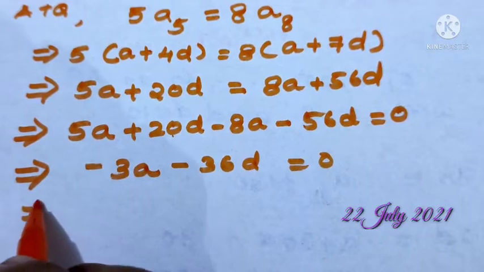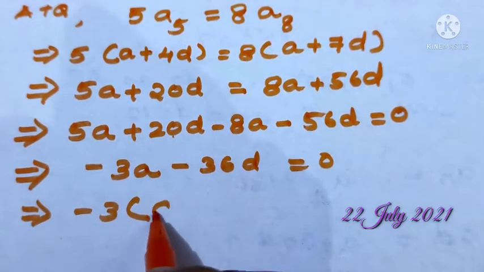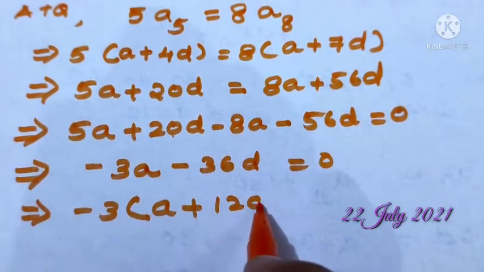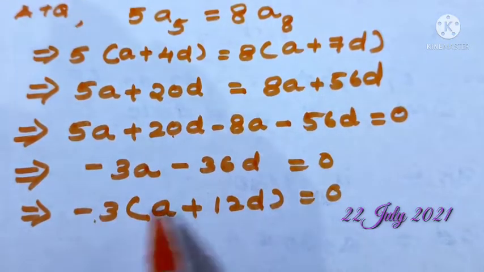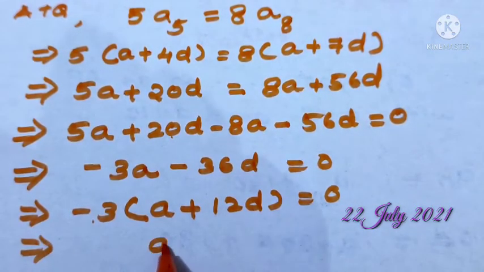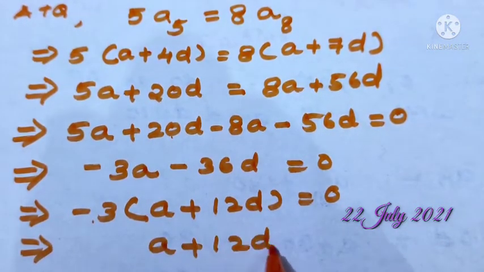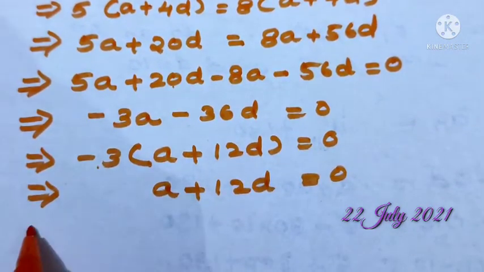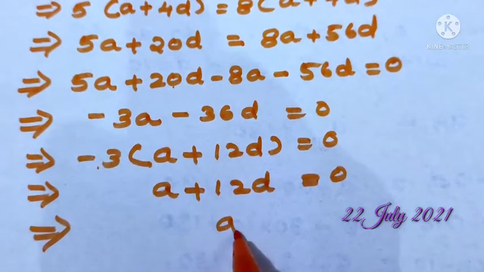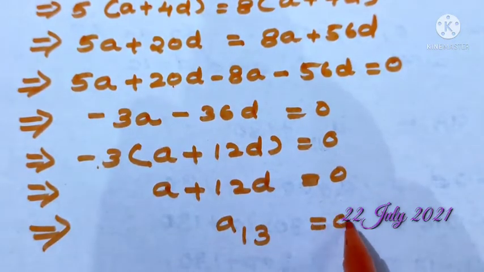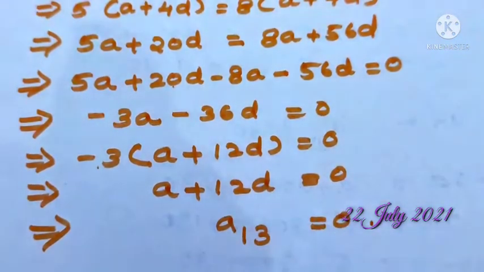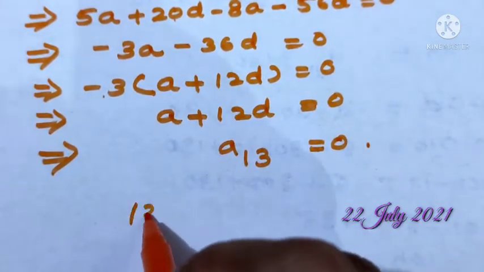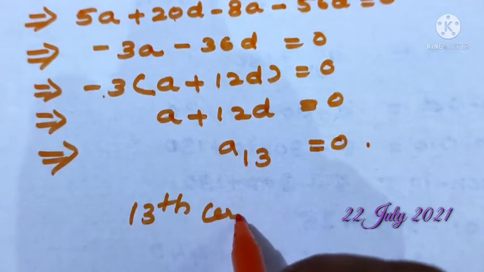Minus 3 common I am taking. So A plus 12D equal to 0. What is the meaning of A plus 12D? It is A13. That means, what is the implication here? 13th term is 0.